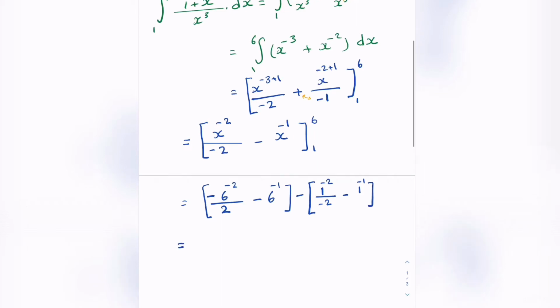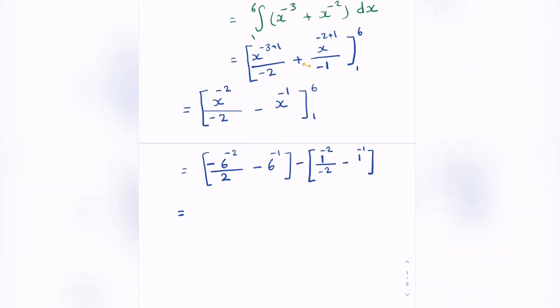So this will be minus 1 over 2 times 6 squared, which is 36.